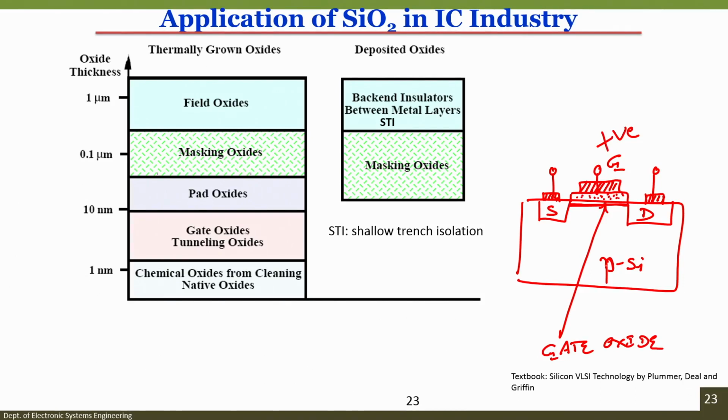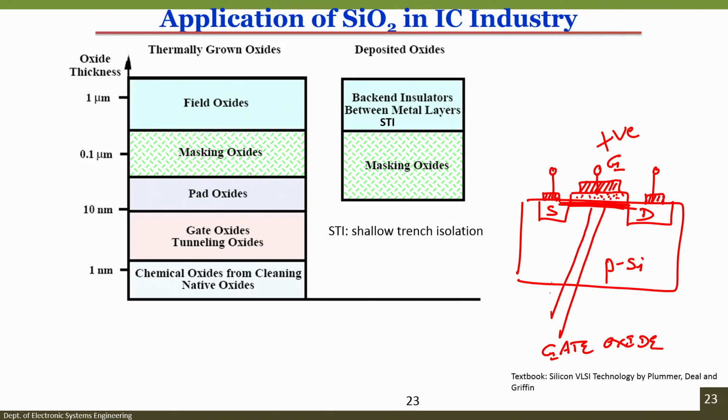Now, if you make it positive, the minority carriers in the P type silicon wafer, which are electrons, will be attracted towards the gate and form a channel between source and drain.